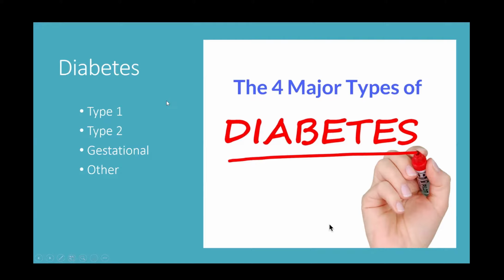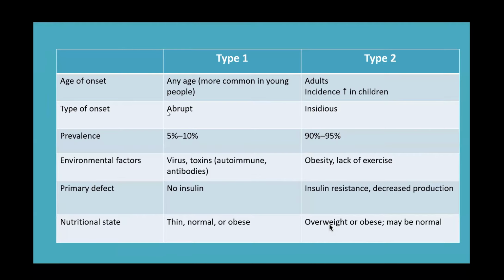So there are four major types of diabetes. Type 1 and type 2 diabetes are the main ones that are discussed in Adult 1. Gestational diabetes occurs during pregnancy. And then there are conditions that result in hyperglycemia or insulin resistance that are not specific to a chronic disease state, and they actually can be reversed.